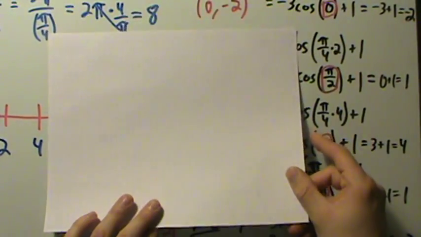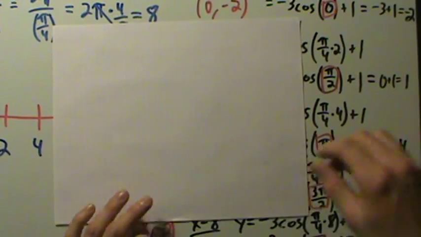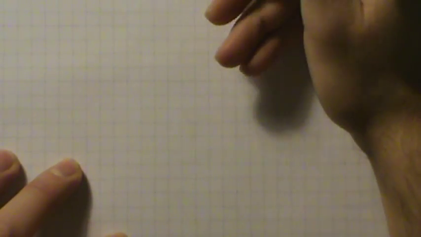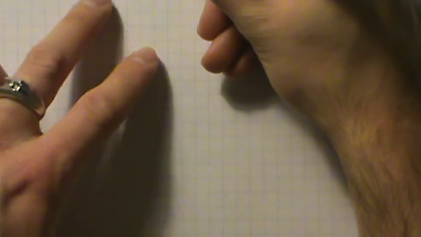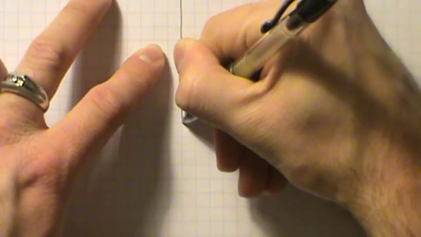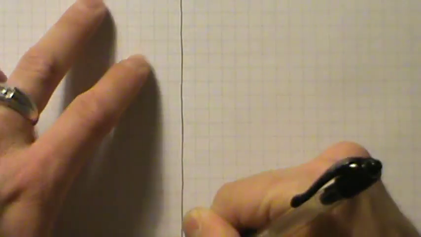And again, if you want to follow along with graph paper but you don't have any, go ahead and click that link in the video description, print out some graph paper, and you'll be good to go. Okay, so let's set up our axes here. So I'll probably make it way too big. But no harm in that, I guess.